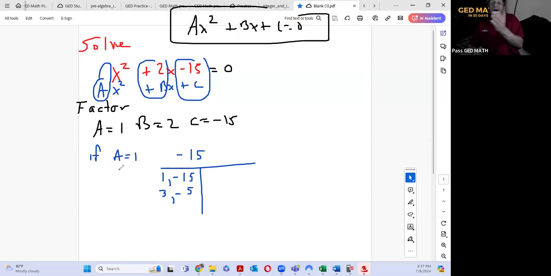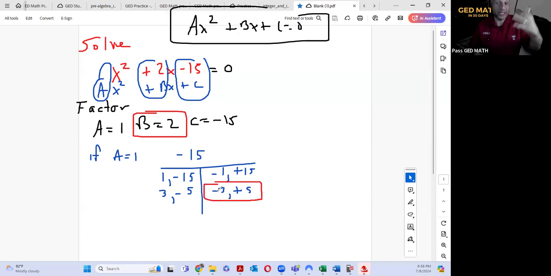We then go on the other side and change the sign. Negative 1 and a positive 15, negative 3 and a positive 5. All these pairs, if you multiply them together, you will get negative 15. Does everybody understand that? But we want to find the pair that's going to give us positive 2 when we combine those numbers.